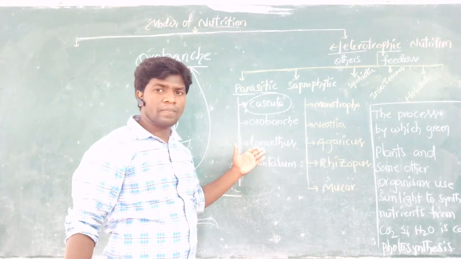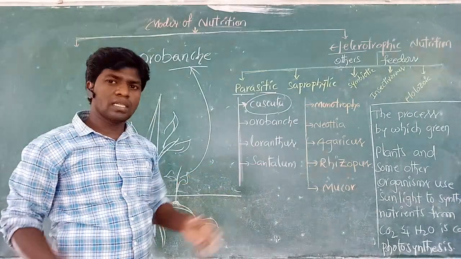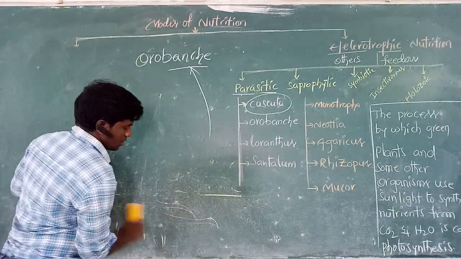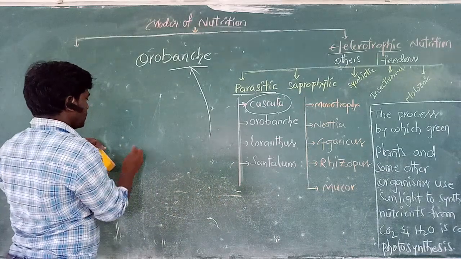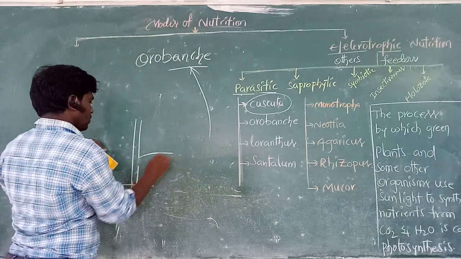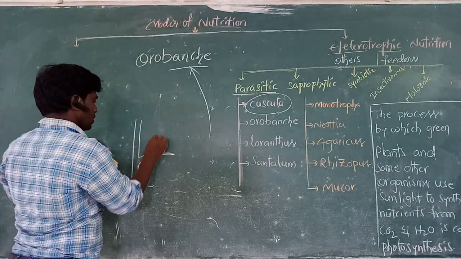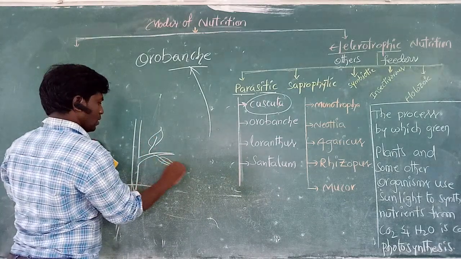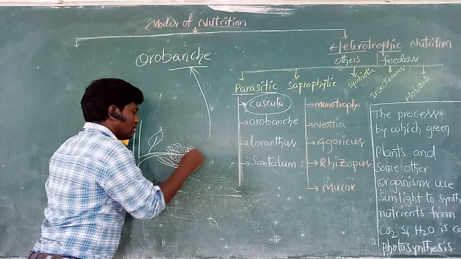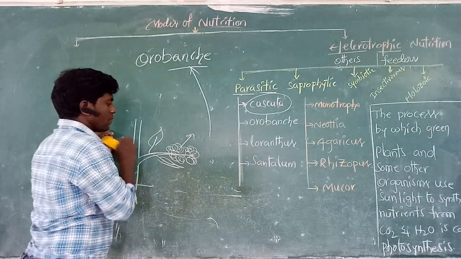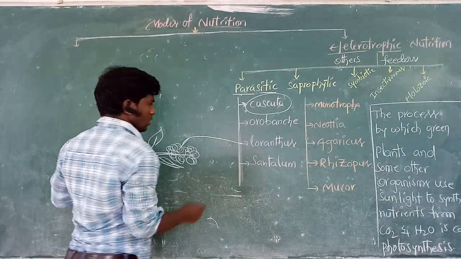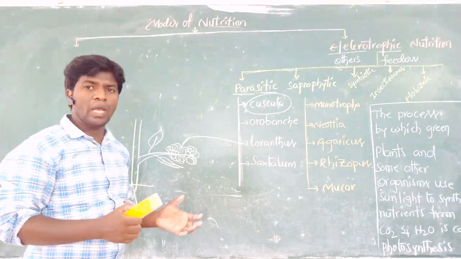At the same time, Loranthus and Santalum. Loranthus grows on the branches of plants, a fiber-like substance. For example, this is one plant, and on this plant these fiber-like structures grow. So the Loranthus plants look like fiber.